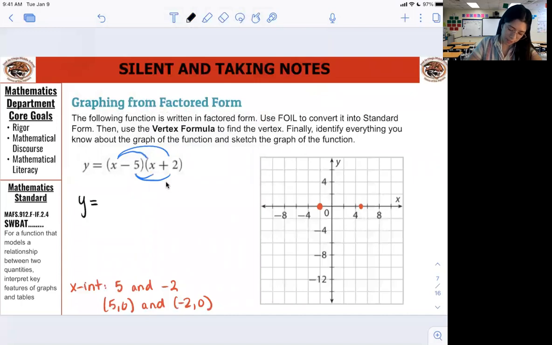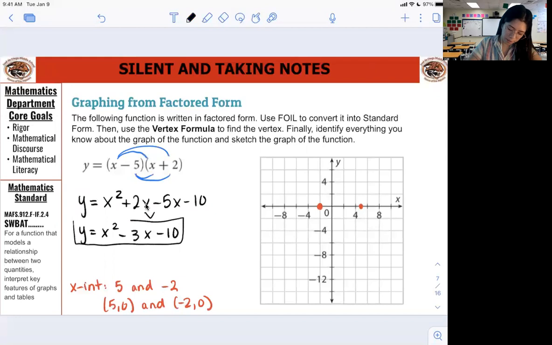So FOIL, I get x squared plus 2x minus 5x minus 10. And when I combine like terms, what is +2 minus 5? -3. -3x minus 10.